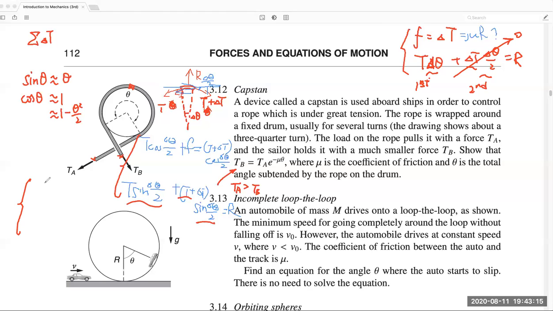That is dT equal to mu times R. And then the second equation, what you get is T times d theta equal to R. So see if you can solve this. You are relating T and theta, right?